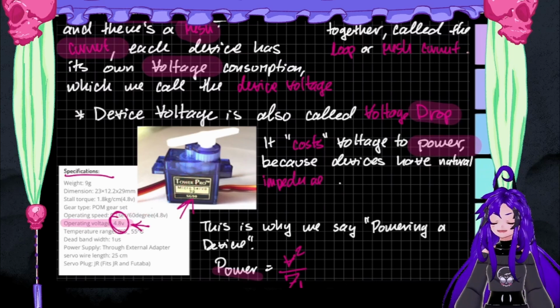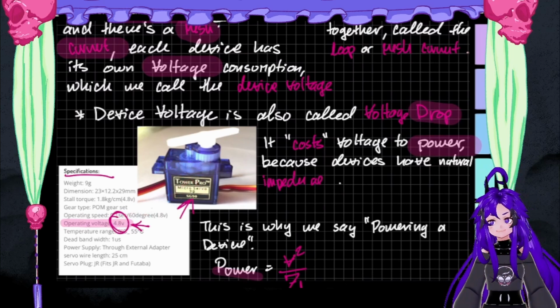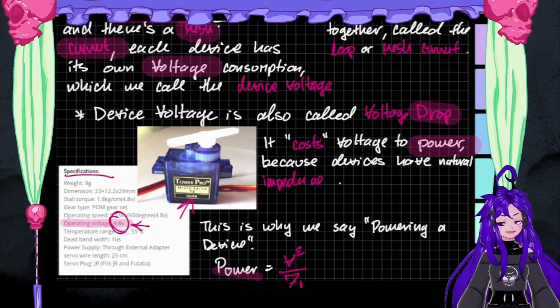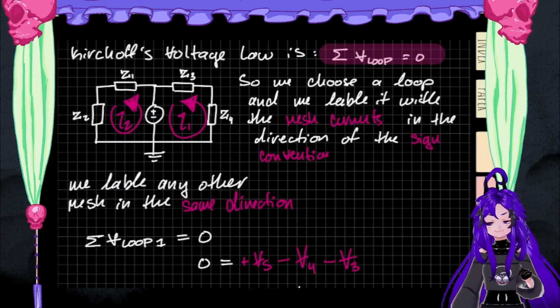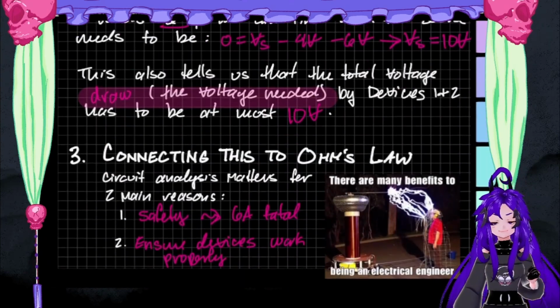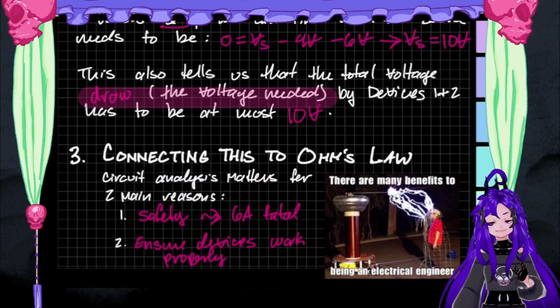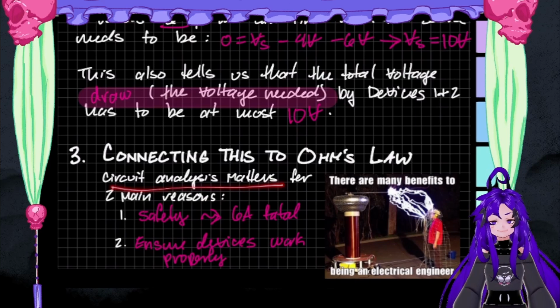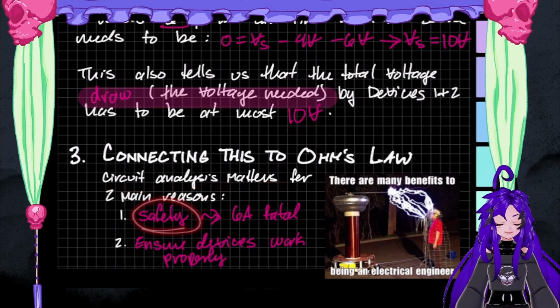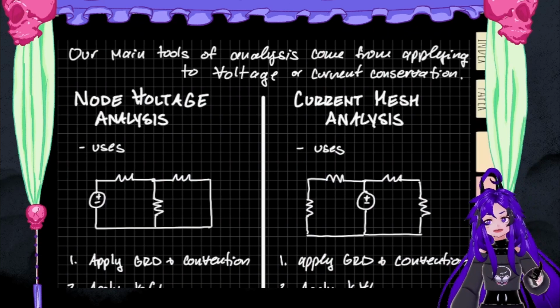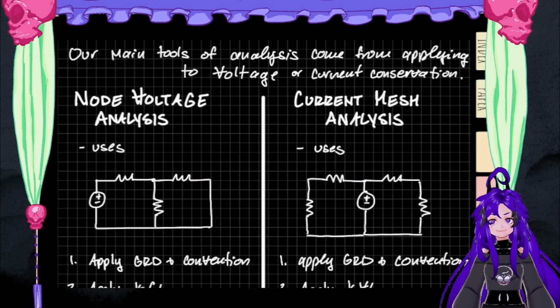There are lots of devices, like LEDs, that can be very easily destroyed if you give them too much juice. Ask me how I know. So we care about circuit analysis because it lets us do more things, and it lets us not die doing them. We have two main tools for circuit analysis.